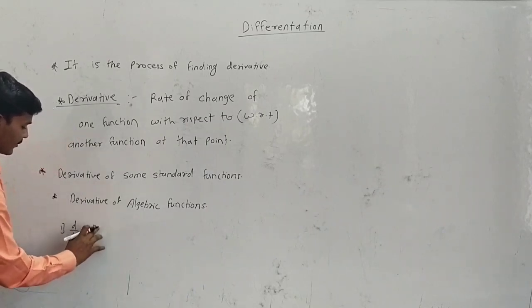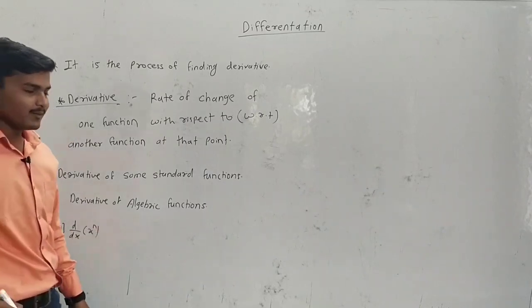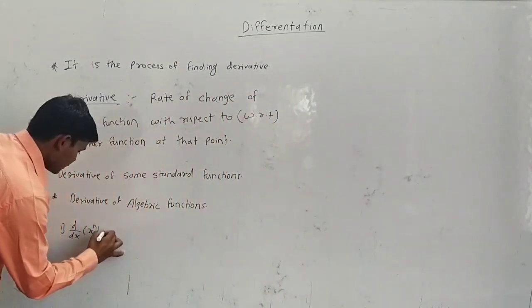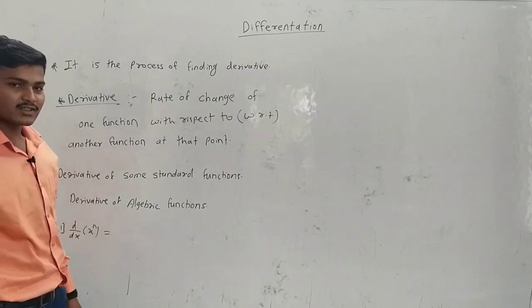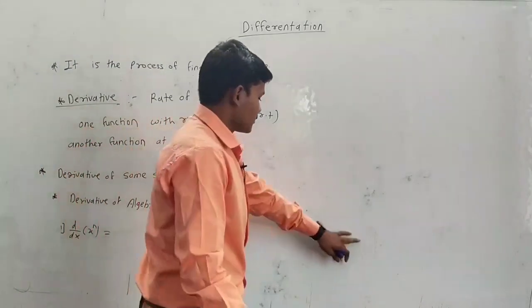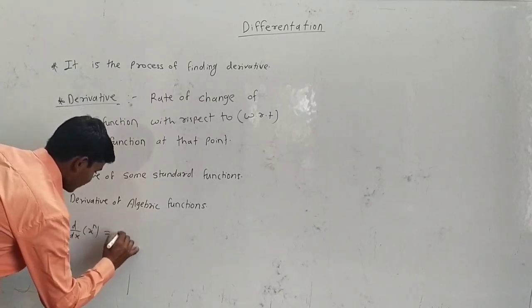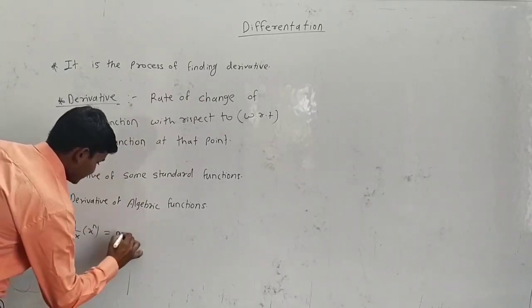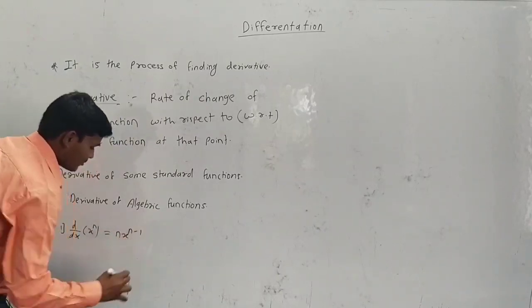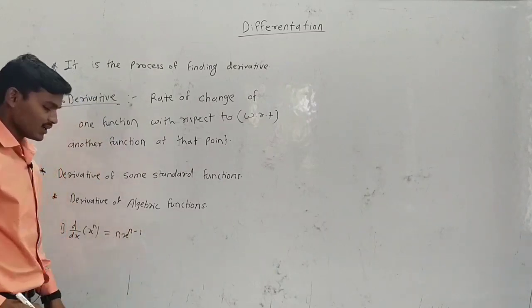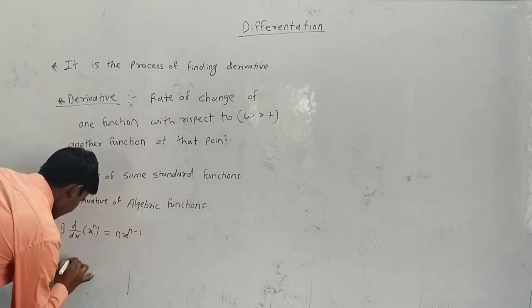We denote the derivative by d/dx. So first, dy/dx of x^n. It's very simple. We have to take the power at the front and then x raised to n minus 1. This is the solution. Now take one example of this.